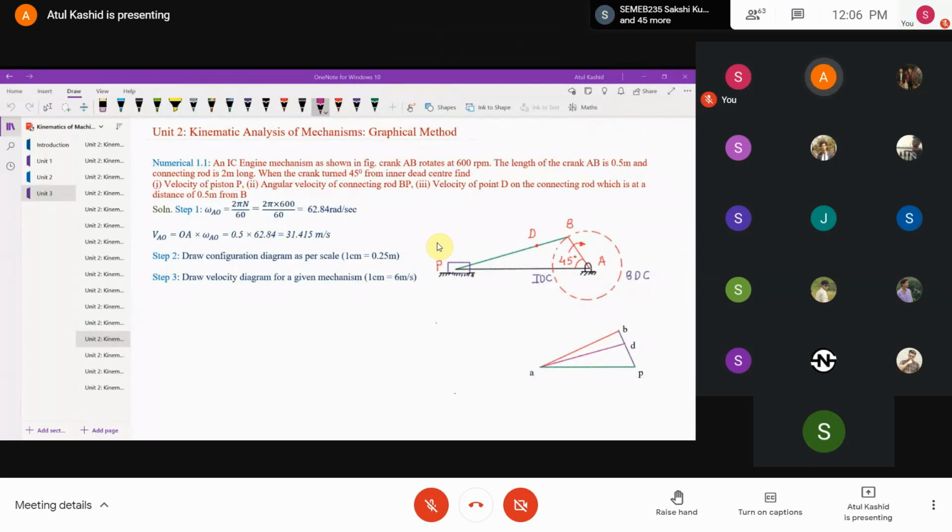Okay, so I think we can start with the lecture, but before that, please, Abhishek Sherkhane, can you please confirm whether the screen is visible or not? Abhishek Sherkhane, please confirm in the chat box whether the screen is visible or not.